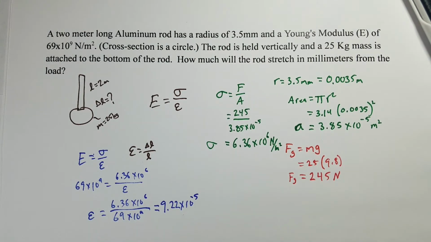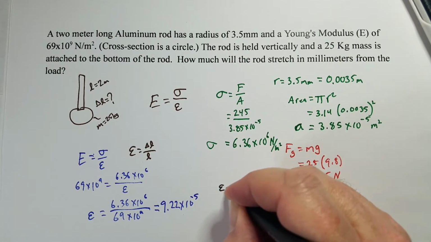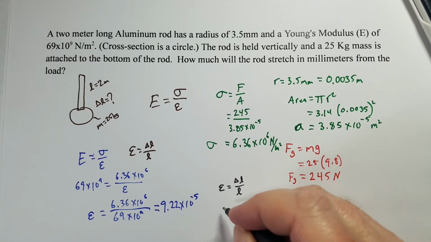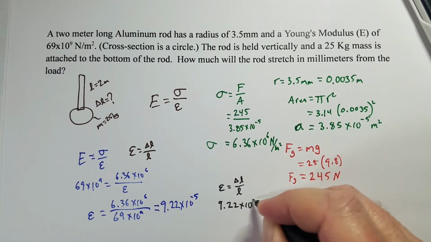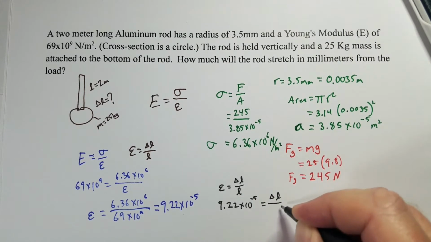So now that we have that, we can figure out how much it will stretch by using that equation. Epsilon equals the change in L over the original L. So 9.22 times 10 to the minus 5. The change in length we don't know, but the original length is 2.